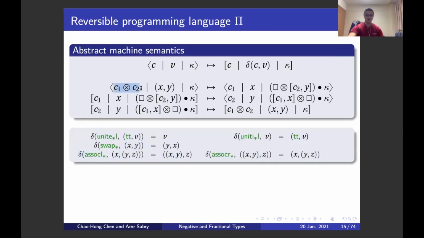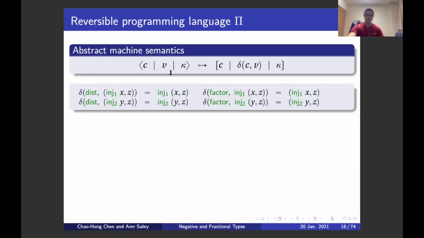For C1 times C2, we first evaluate C1 on X, and when it's done, we evaluate C2 on Y. And then we return the whole result. And for the combinators from bimonoidal category, we are just performing the straightforward permutations on those types.